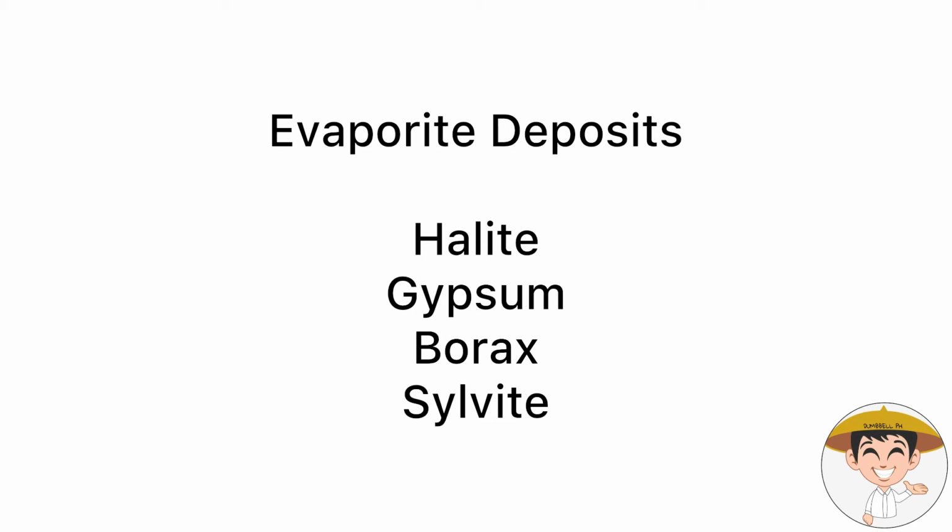This type of deposit typically occurs in a closed marine environment where evaporation is greater than water inflow. As most of the water evaporates, the dissolved substances become more concentrated in the residual water and would eventually precipitate. Examples are halite or sodium chloride, gypsum, borax, and sylvite. Those are examples of evaporite deposits.